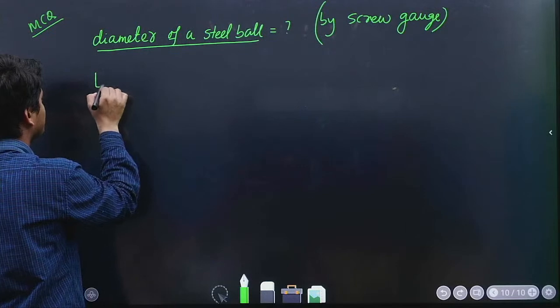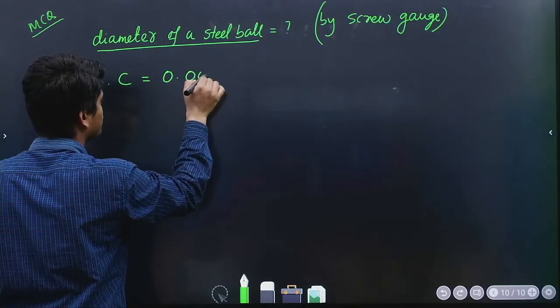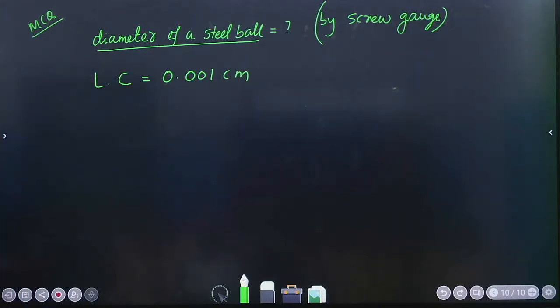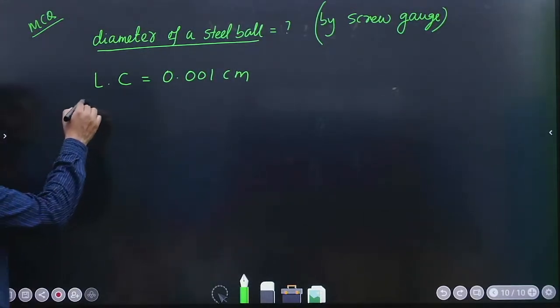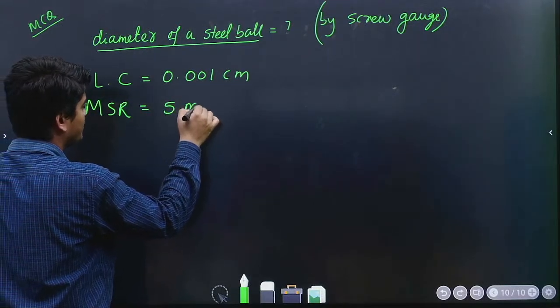Now here they have given the least count. The least count is given as 0.001 centimeter, and they have given the main scale reading as 5 millimeter.